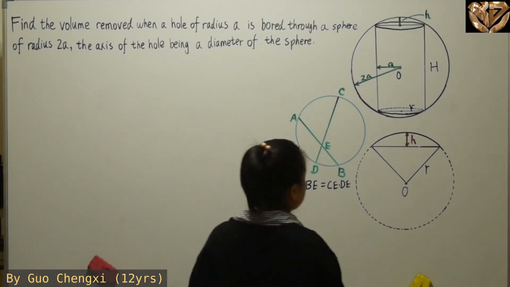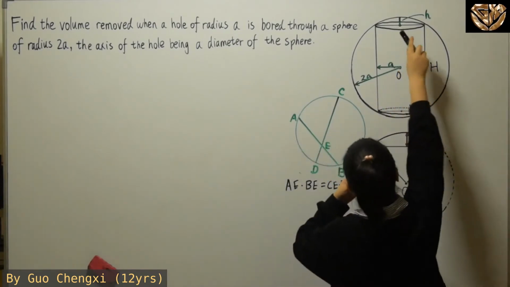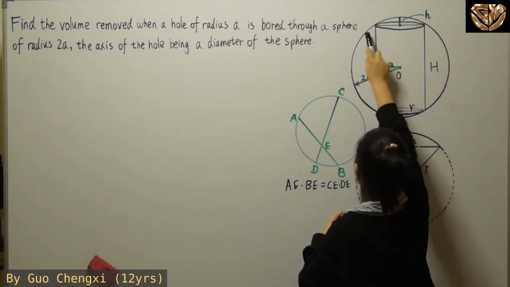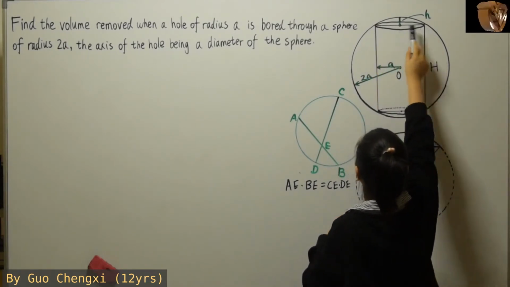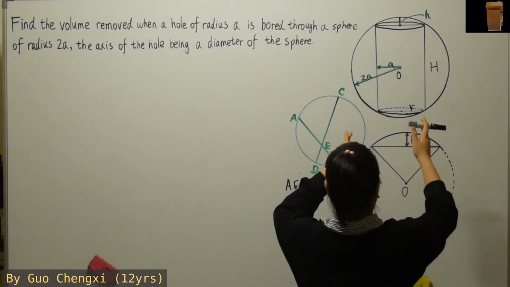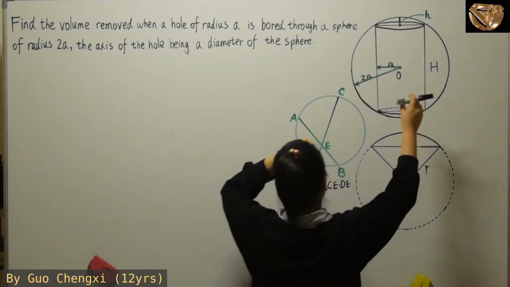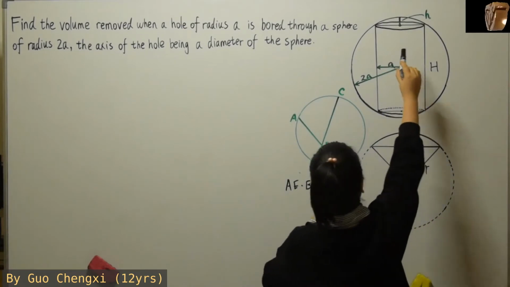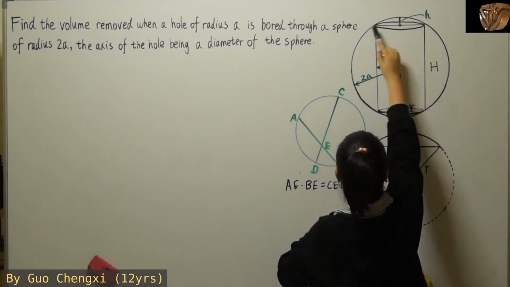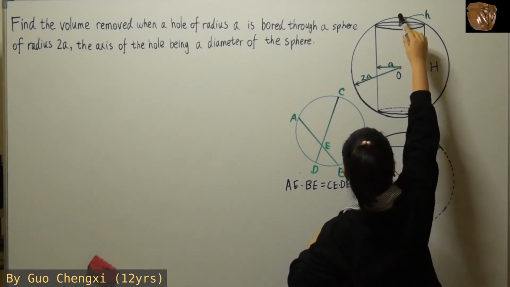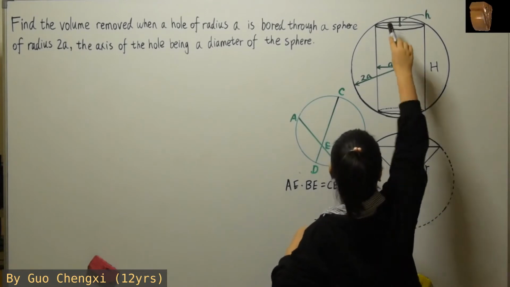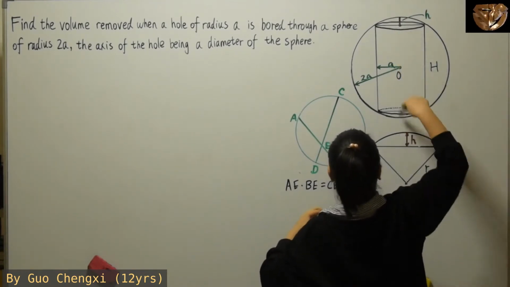So since we've got that, you can tell that one of the chords over here can be the diameter of the cylinder, which is basically this. If you look at it straight on, it's basically just like a circle, where one chord will be the diameter of the cylinder, while the other one will be the whole diameter of the sphere.